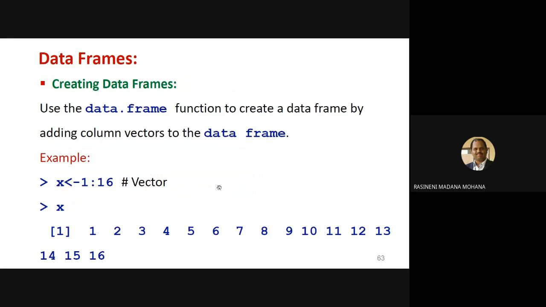Now, how do we create our own data frame? Till now, we discussed an already existing data frame. If you want to create our own data frame, we can use the command data.frame. Use the data.frame function to create a data frame by adding column vectors, only column vectors. For example, let us create a vector x equal to 1 to 16, a vector x with 16 numerical values.